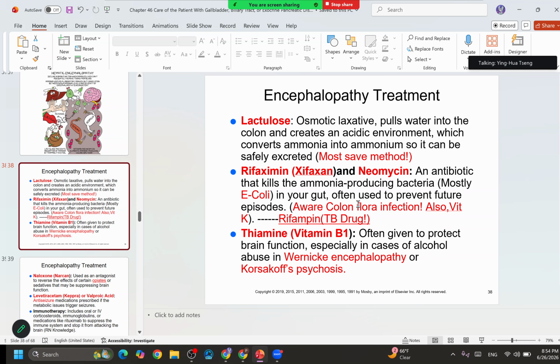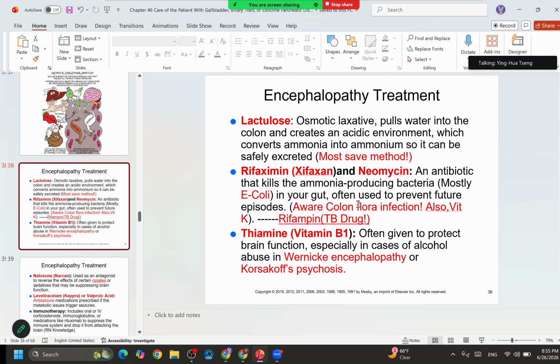That means the bad bacteria can come in very easily, because the good bacteria maintain a good environment. They don't want the bad bacteria surviving in your colon, so they fight the bad bacteria together. But here, anything good or bad gets killed by the antibiotic. That's why your colon gets infected easily. So think about C. diff.